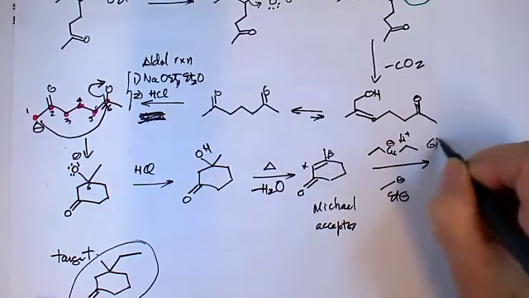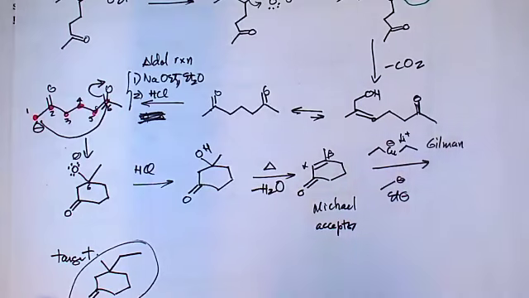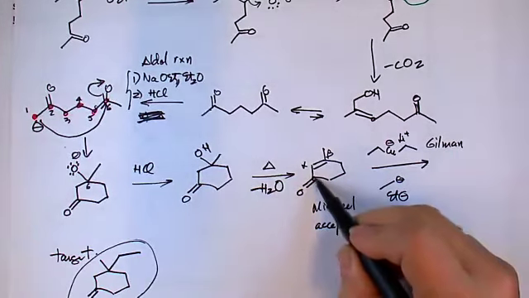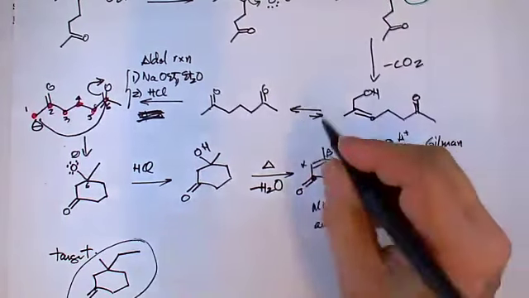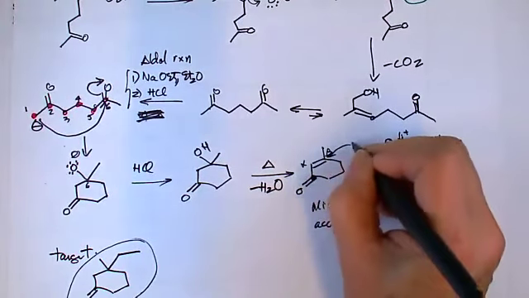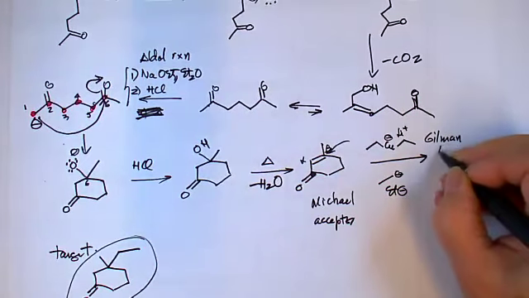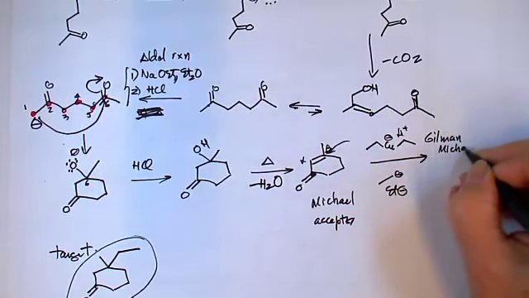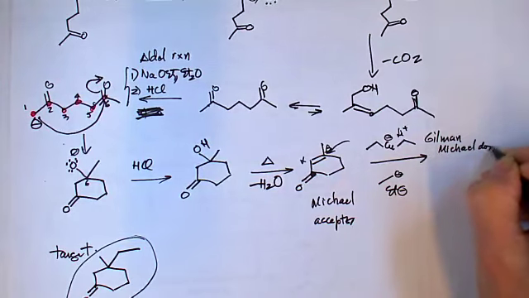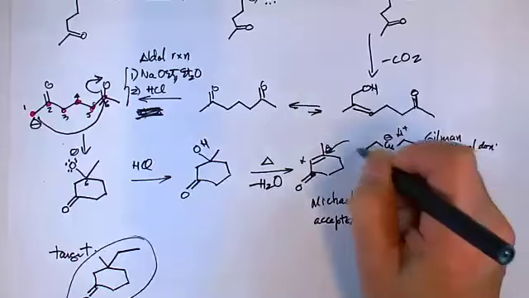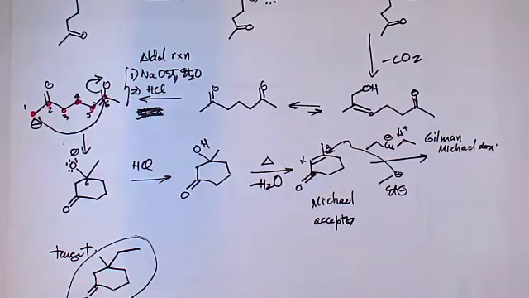Again, this is the Gilman reagent, and it is different from the Grignard reagent. When we use Grignard, the attack is at the carbonyl group. When we use Gilman, the attack is always at the beta carbon. So Gilmans are good Michael donors. What we have here is the attack at the beta carbon.